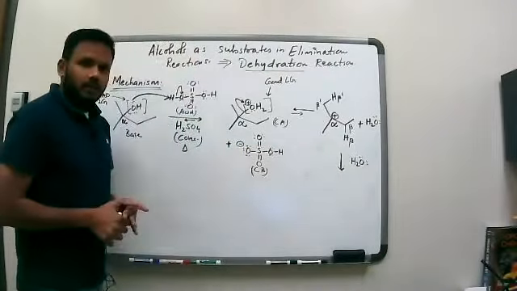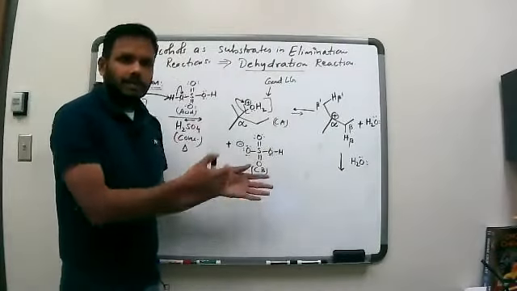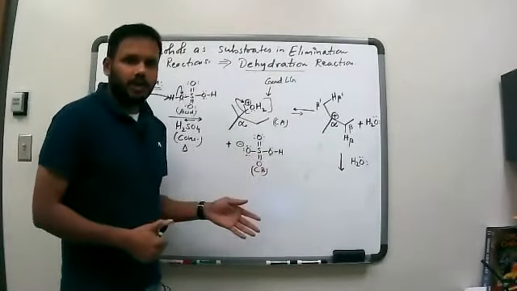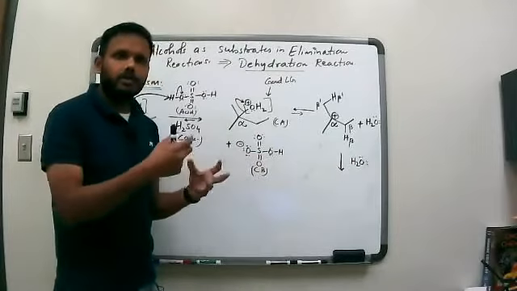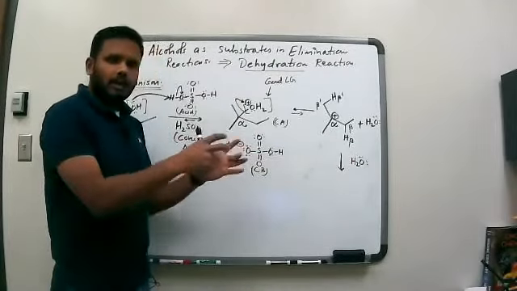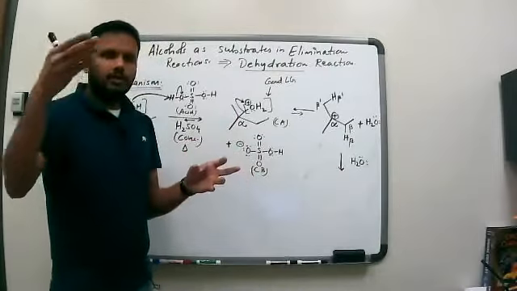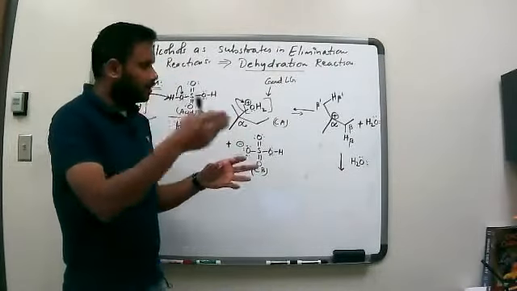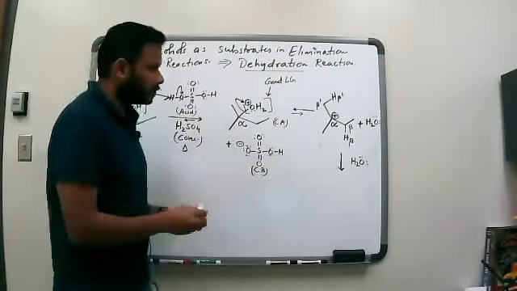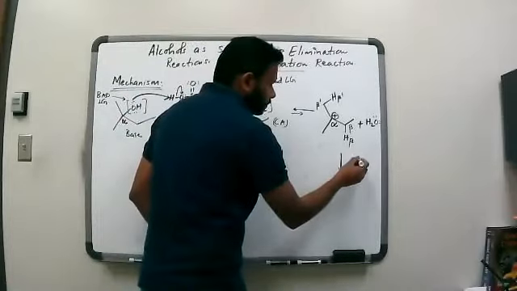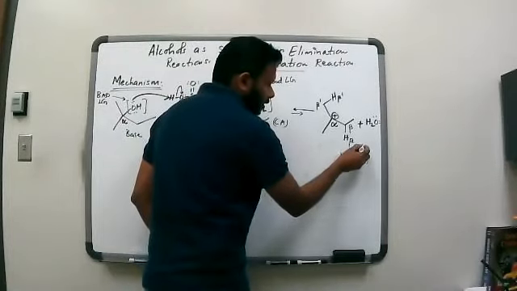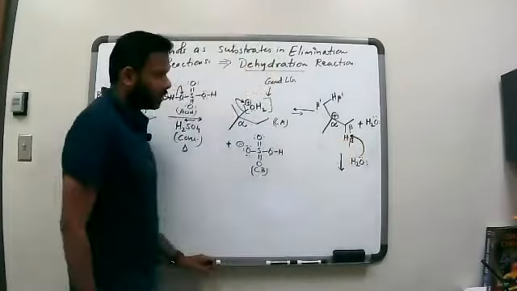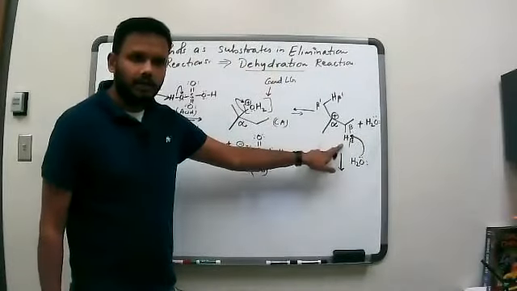Again, this part of the mechanism is similar to an E1 reaction now, okay, because that's what happens in an E1 reaction. You make a carbocation and then the solvent comes and deprotonates the beta hydrogen. So water molecule, it can deprotonate H beta, so it will grab that beta hydrogen.